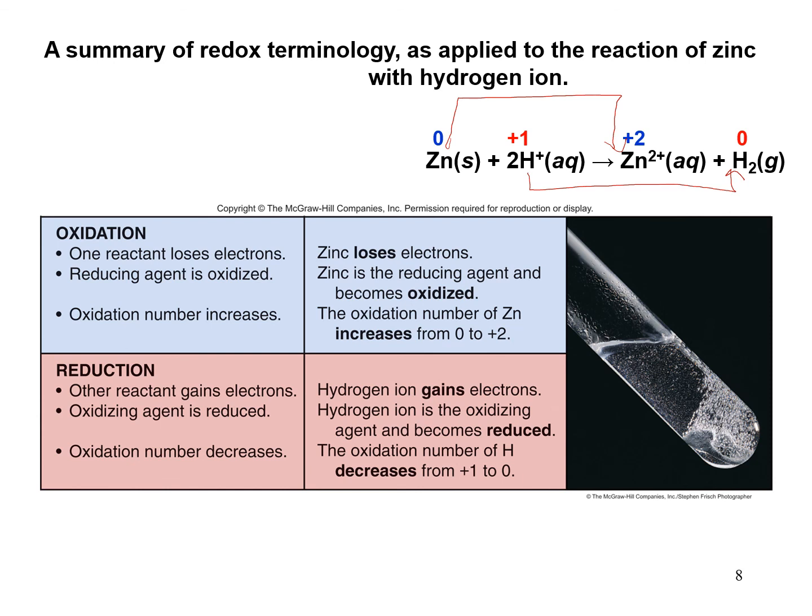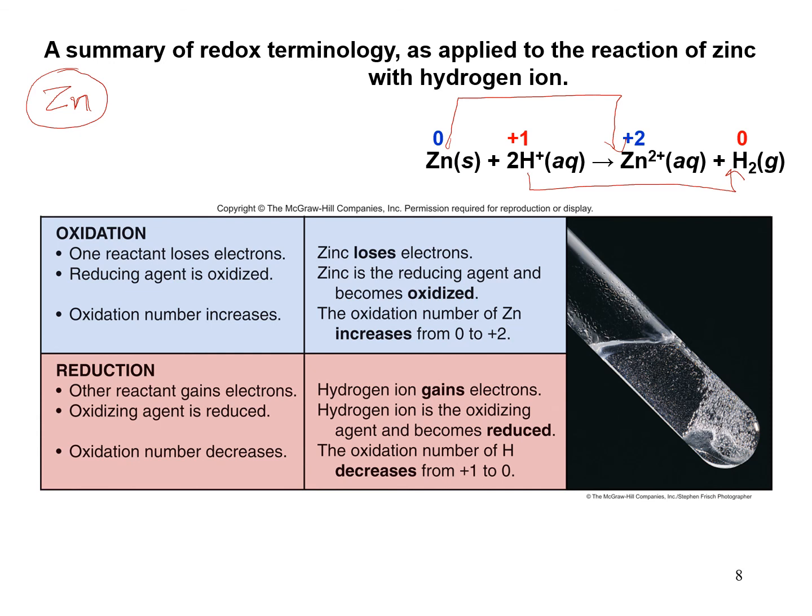So what is the oxidation number of zinc? We know zinc is a metal. Its elemental form, how it exists in nature, is essentially just Zn. So what would be the oxidation number of zinc? Our first rule of oxidation number tells us that in elemental form, the oxidation number would be 0. That's why you see a 0 right here.